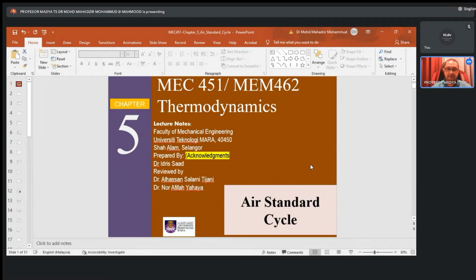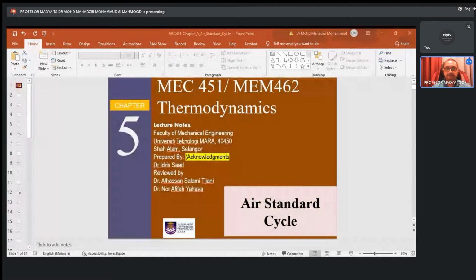So in this chapter, the objectives are that you should be able to evaluate the performance of power cycles for which the working fluid remains a gas throughout the entire cycle.